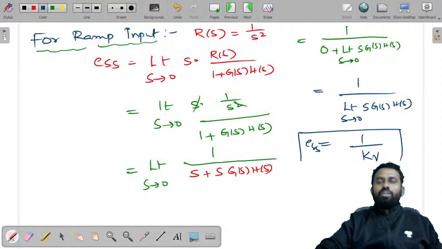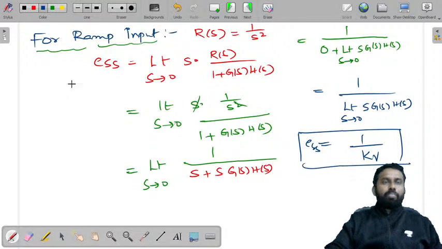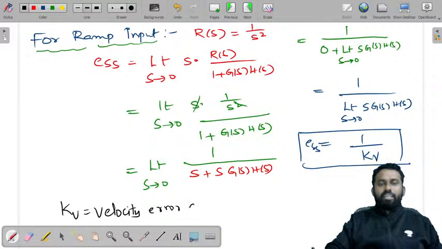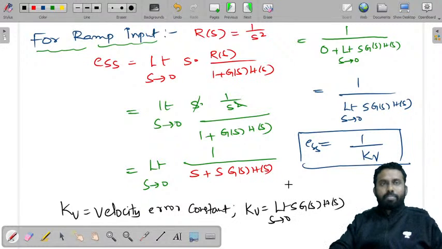So ess is equal to 1 by kv. So kv is called velocity error constant. kv is equal to limit s tends to 0 of s into g of s into h of s.